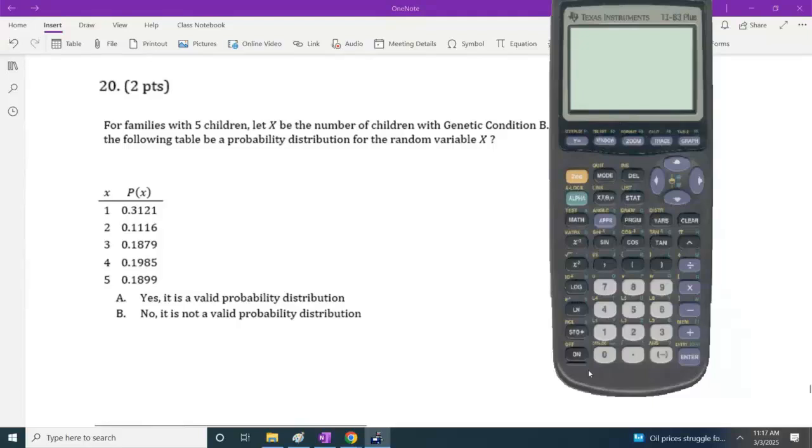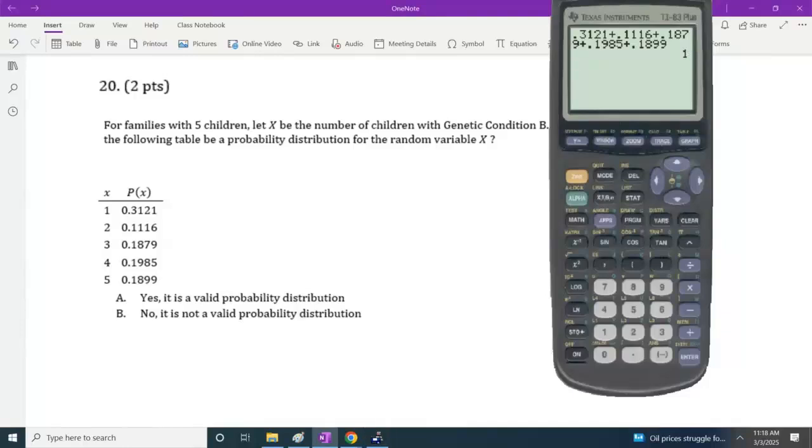So I'm going to take all of my probabilities, 0.3121, and I want to add these up, 0.3121 plus. And if you add all the probabilities up, we see that they in fact sum to the number 1.